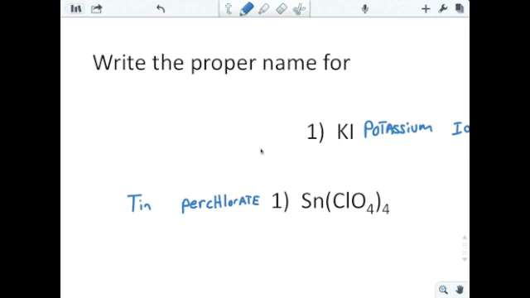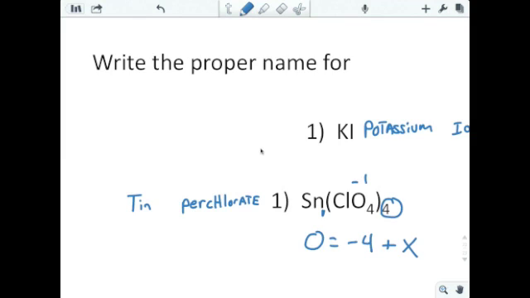So to figure out what it is, we know that the whole compound is going to be 0. So 0 equals, and then we look at this. Perchlorate is going to have a -1 charge. Well, how many do we have? We have 4 -1s, so that'll give us a -4. Plus the oxidation number of tin, which we don't know, so we only have one of them, so it's just 1x or x.